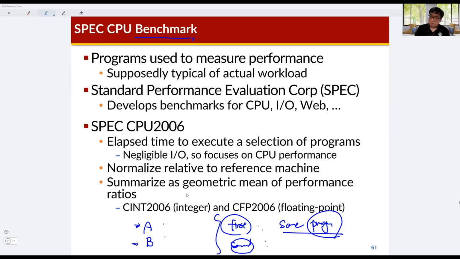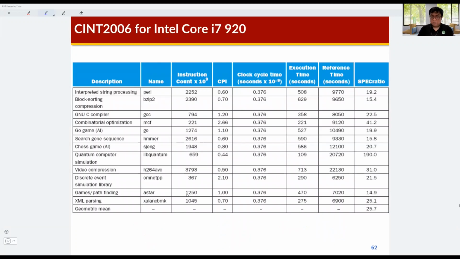The most popular benchmark program is the SPEC benchmark program. It is composed of many applications like a compiler, compression, and some multimedia applications. Based on these applications, we measure the execution time of the computer system and compare it. That means comparing the performance of two different computer systems.